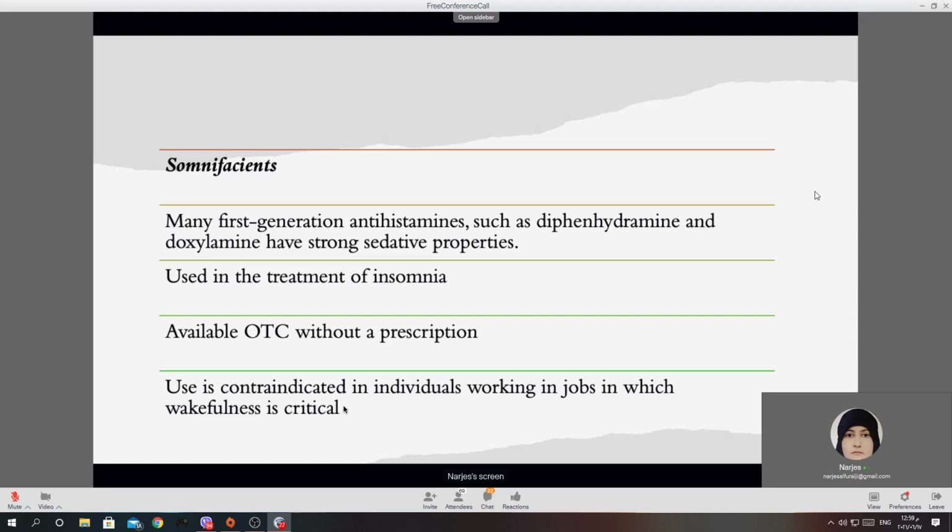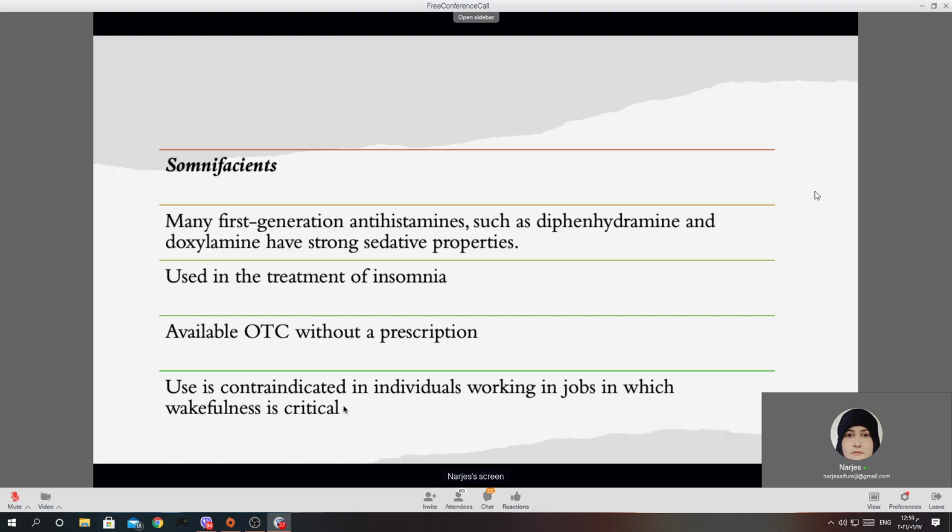And as I mentioned earlier, antihistamines, specifically first generation antihistamines, cannot be taken by specific people.